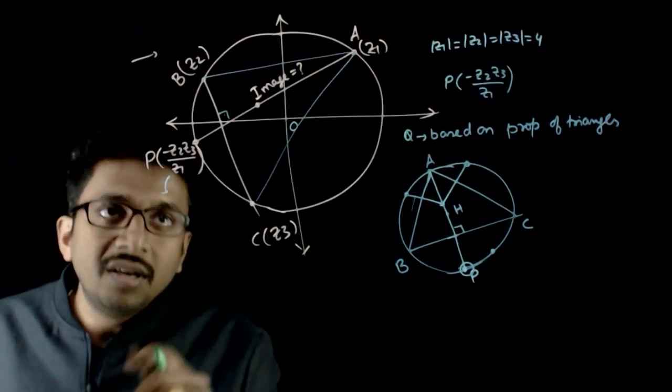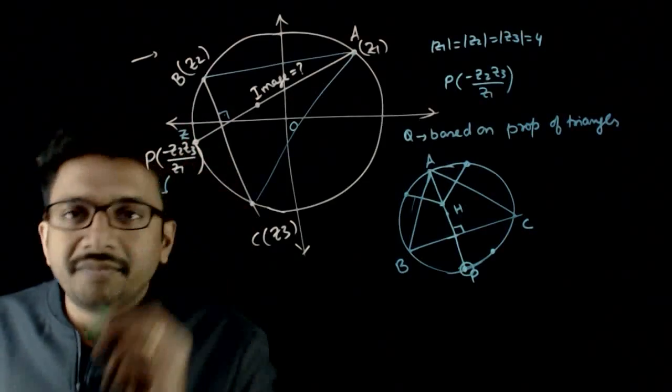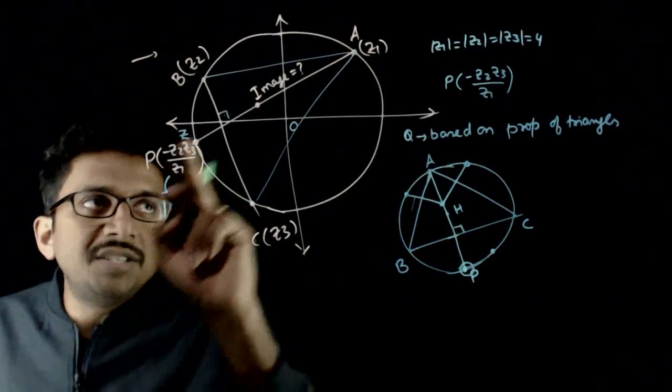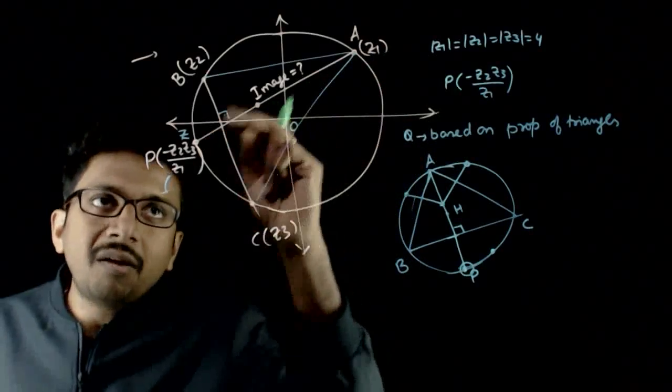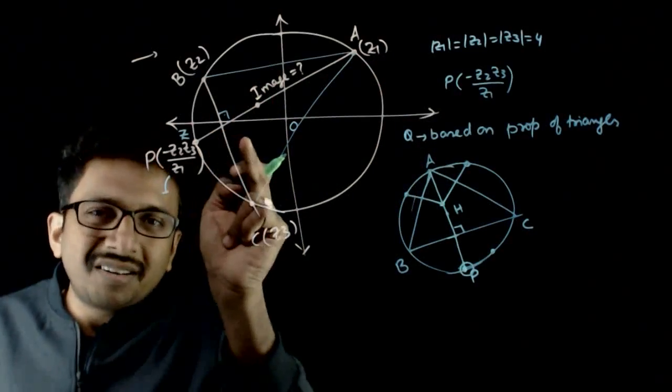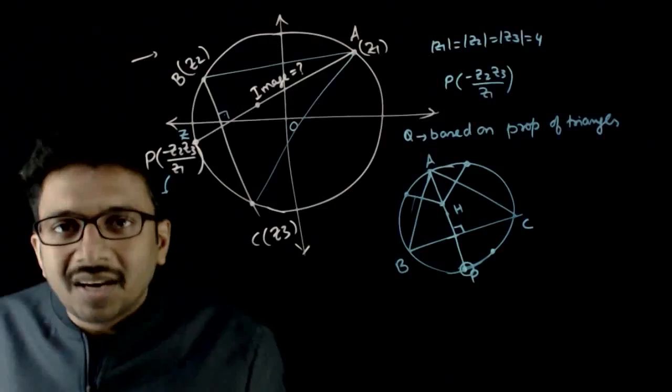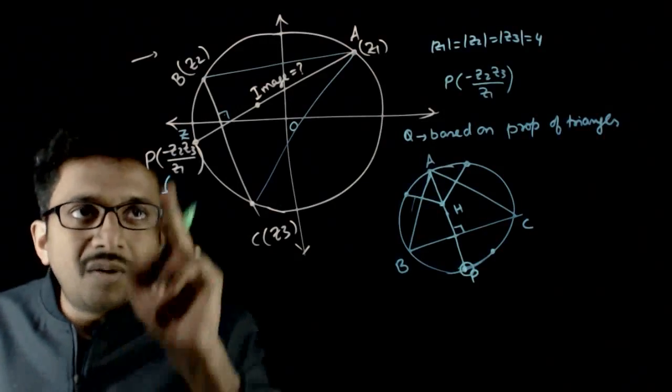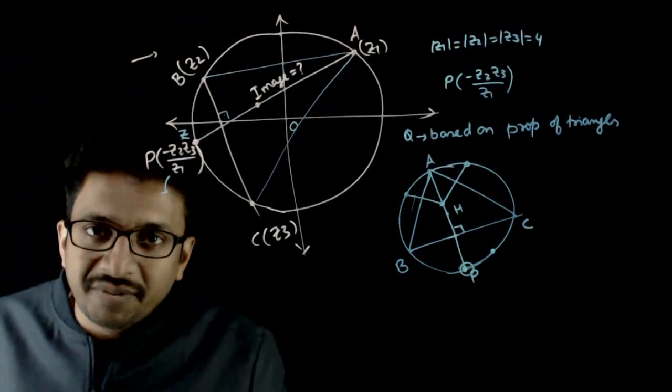Let me do this. Let this complex number be z. Let us assume that you draw an altitude from A onto BC, and that it meets the circumcircle at point z. Now what are the conditions that this z has to satisfy?